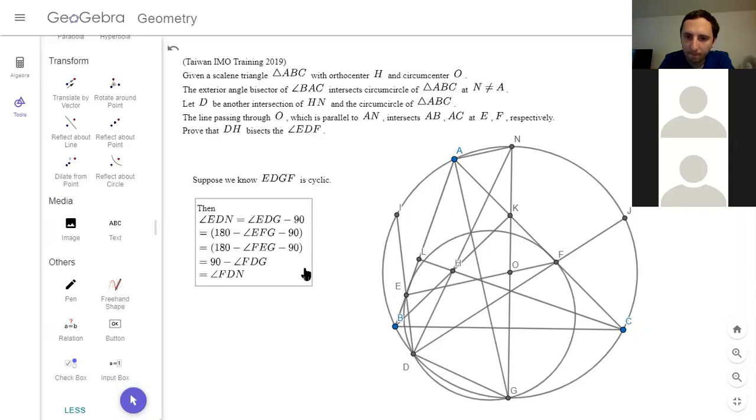Actually, I think it's not that simple, because we haven't used that H is the orthocenter. Okay, maybe it's a little trickier than I thought.